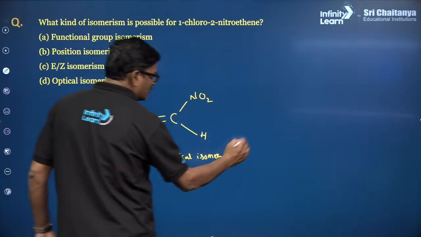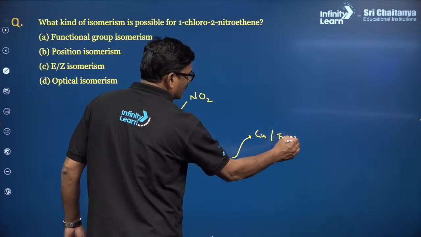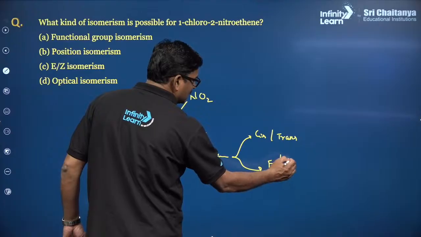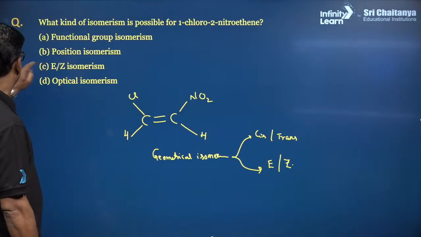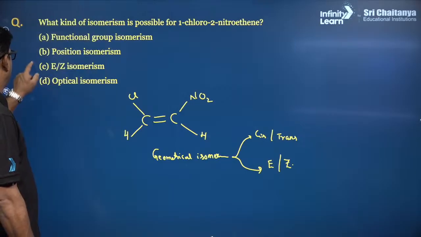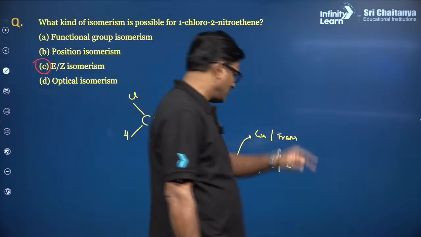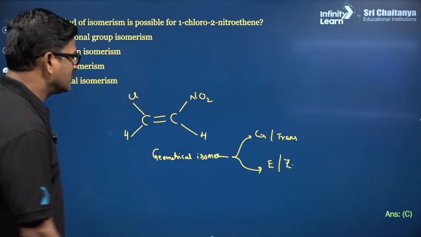In this geometrical isomerism, it can show cis or trans, or it can show E and Z. So here it is showing E and Z. Option C is the correct answer for this question. Right, Maunika? Perfect. It is going to be C.